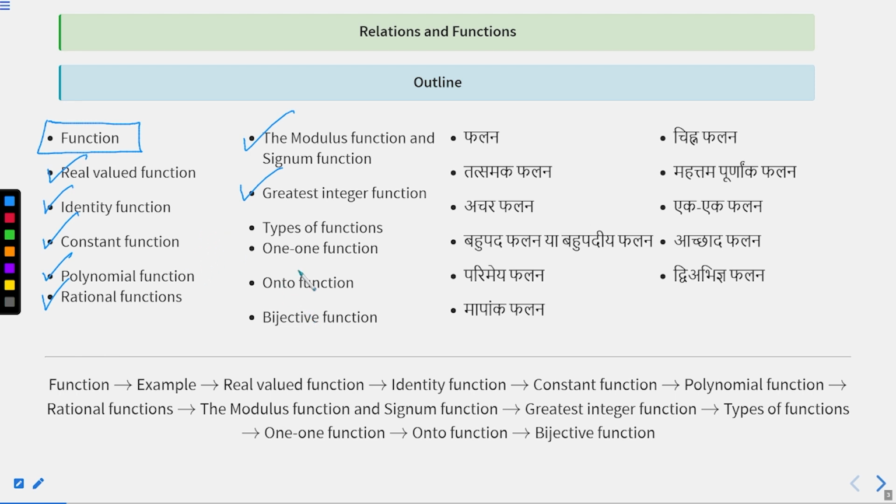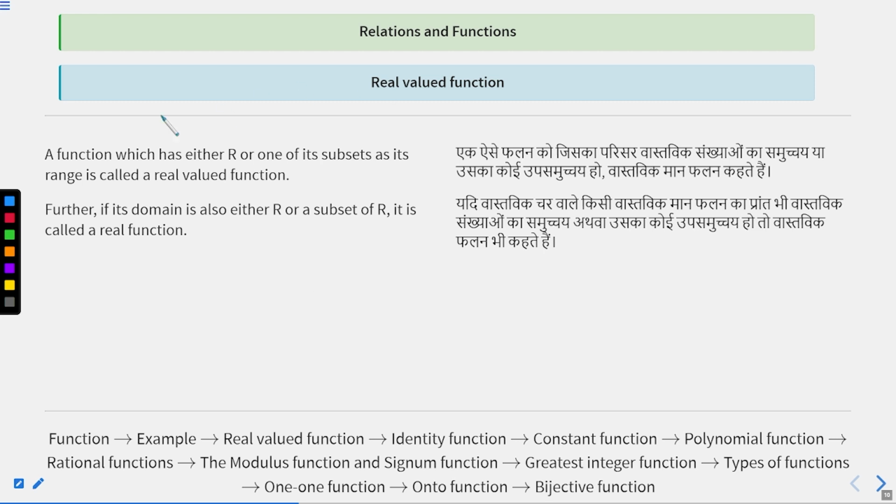First of all, what do we mean by real valued function? As the name suggests, it gives me real values. A function which has either R or one of its subsets as its range is called a real valued function.